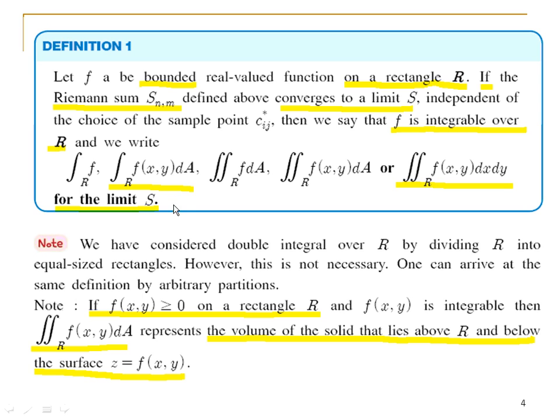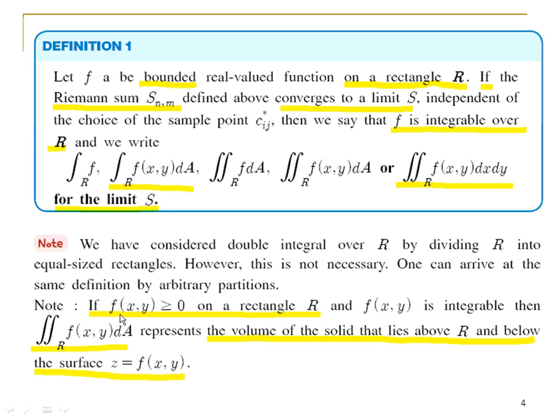So here is the definition of the limit and double integral. Let f be a bounded real function on a rectangle R. If the Riemann sum S_nm defined above converges to a limit S independent of the choice of the sample point C_ij star, which was a center or some point in the small piece of the domain, then we say that f is integrable over R, and we write the integral of f of x, y dA on the domain R, or as a double integral of f of x, y dx dy on R, for the limit S that we defined.